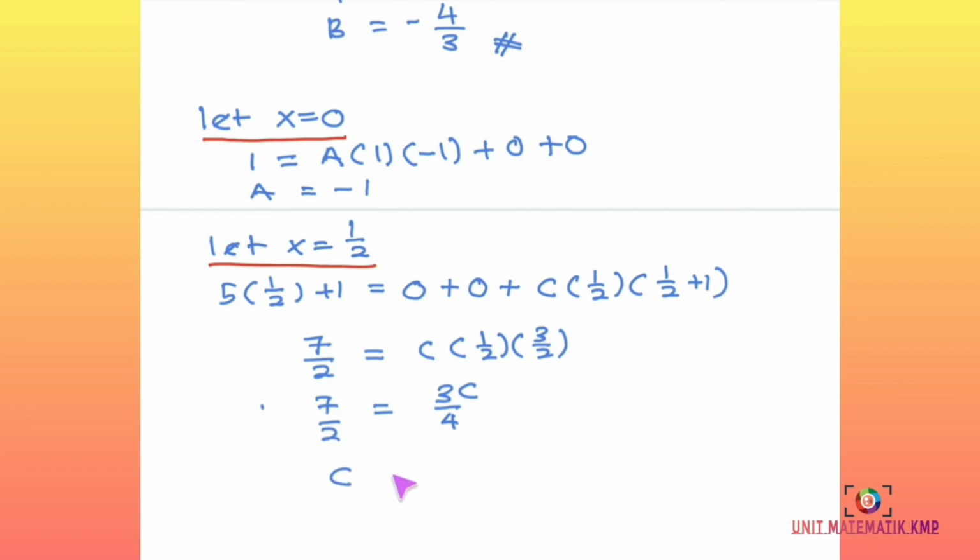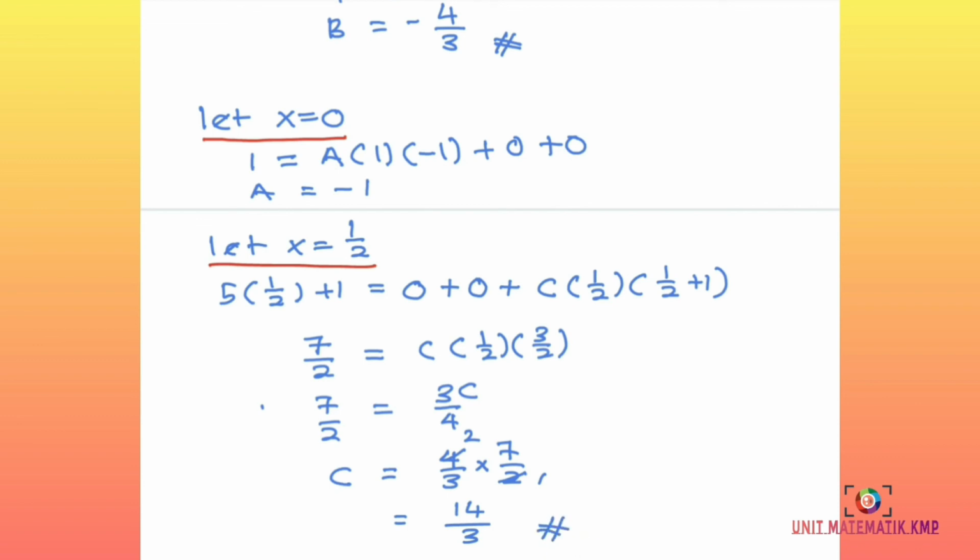So what is C? C is equal to 4 over 3 times 7 over 2. Simplifying, C is 14 over 3. So we already have the values of A, B and C.